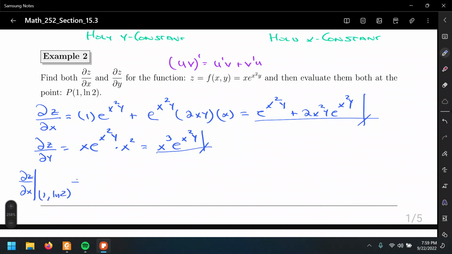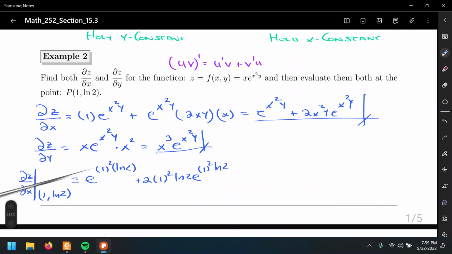So this will be, for the first partial derivative, e to the ln of 2 quantity, e to the 1 squared ln of 2 plus 2 times x, which is 1 squared, y, ln of 2, e to the 1 squared ln of 2.